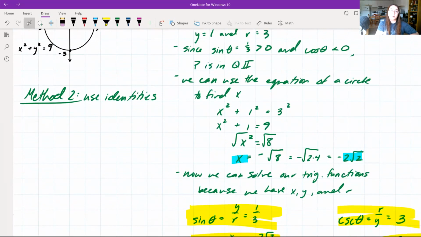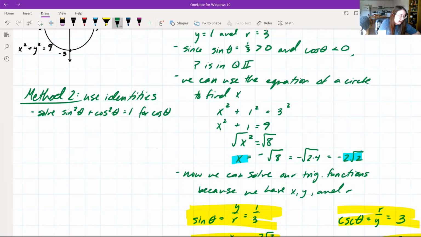And since we already know what sine of theta is, by using our identities, we're going to solve sine squared of theta plus cosine squared of theta equals 1 for cosine of theta. Because we know what sine of theta is, now we want to know what cosine of theta is.